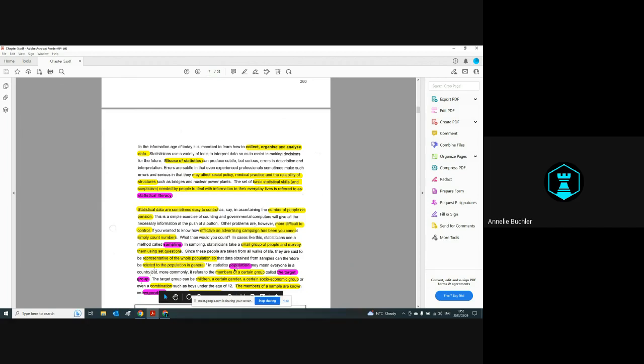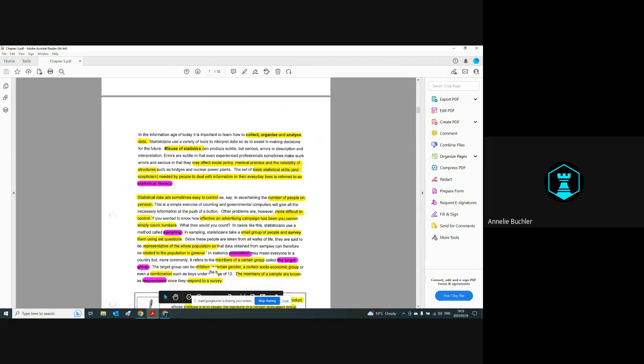So your population in statistics is not really a country, but it's referring to members of a certain group. So let's say we do a statistic analysis on your advertisement for your new development. Our population group is going to be, let's say, people under the age of 40 with a certain income group, okay?